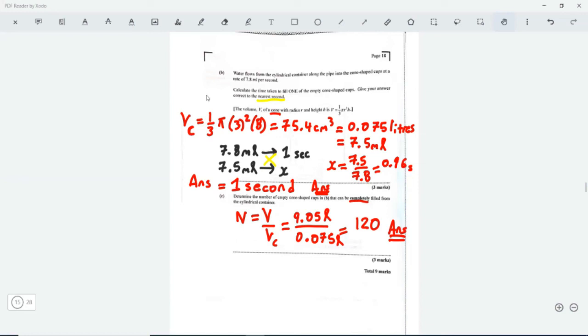Imagine you have 120 of them completely filled, and then one container being 2/3 filled. That's not completely filled. So it's just the 120 that were completely filled we'll focus on. 120 is the answer. All right, 120 will be completely filled.